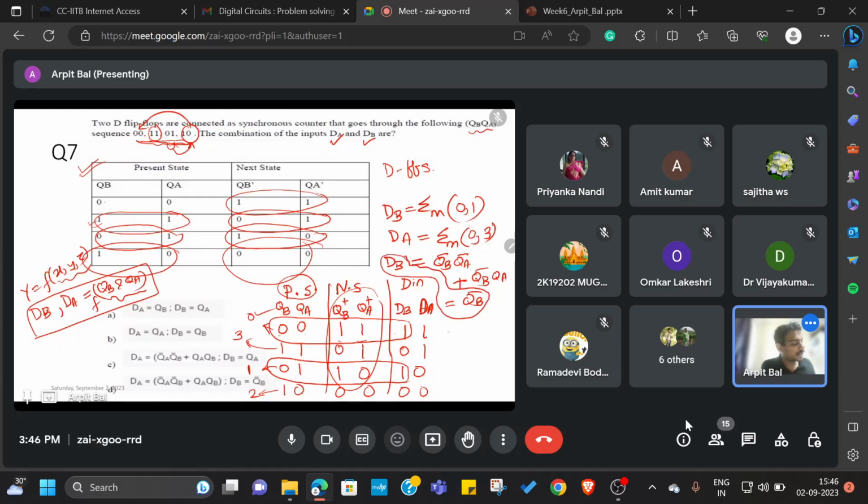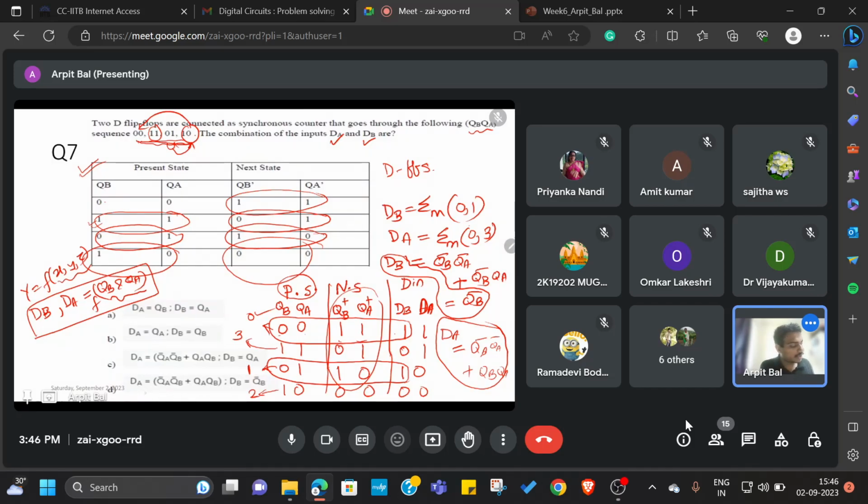Okay. Similarly, if I write dA's equation, I have summation of 0 and 3. So 0 means QB bar QA bar and 3 means QB QA. So this is my equation for dA. Okay, so let us see out of the following options which one is correct.